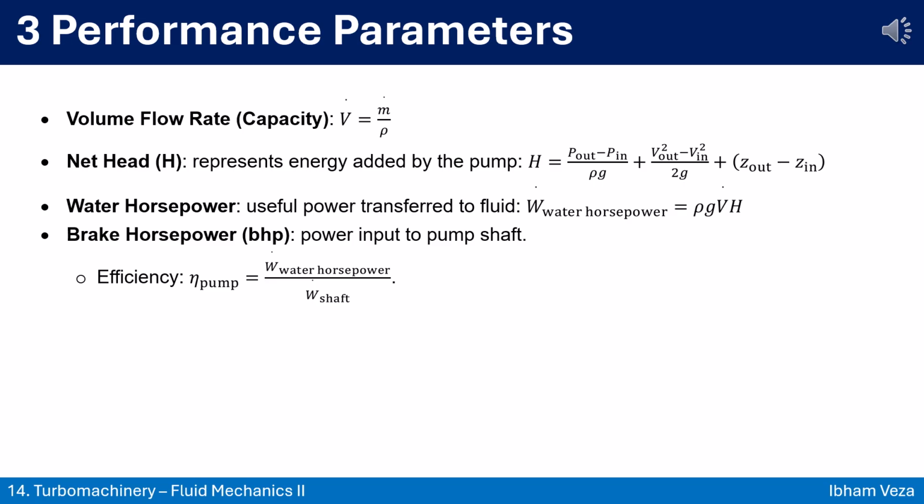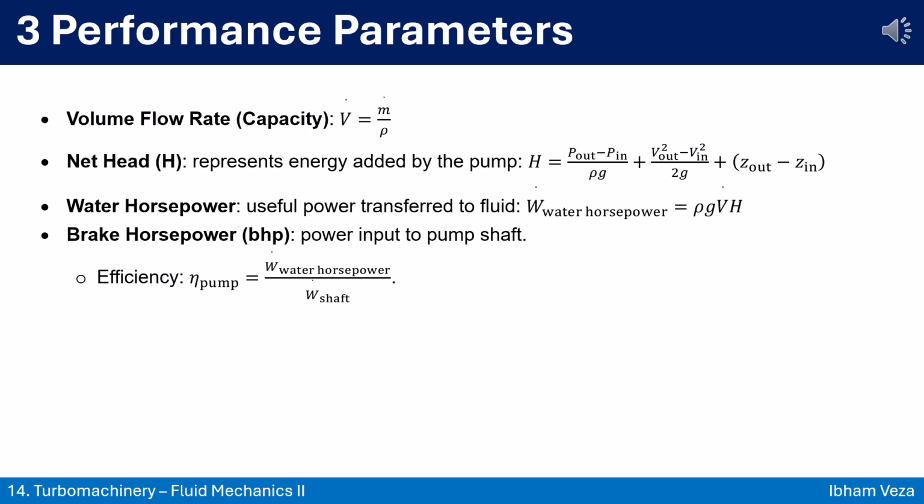Water horsepower is the useful output. It's the actual energy transferred to the fluid, calculated as the product of fluid density, gravity, flow rate, and head. This is what the pump is accomplishing from the fluid's perspective.